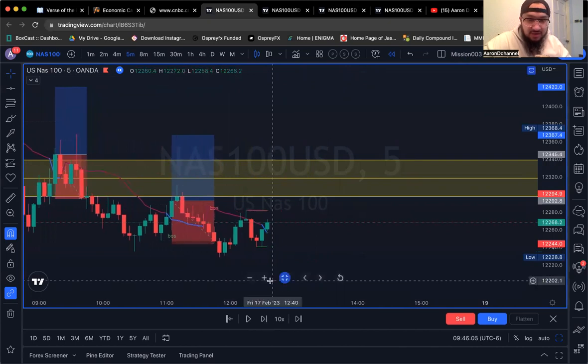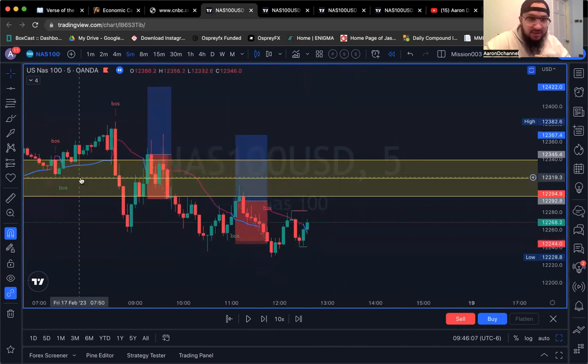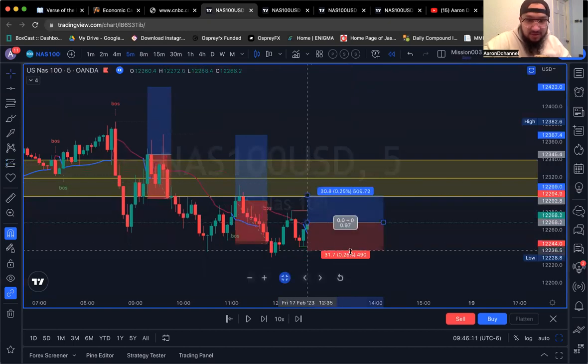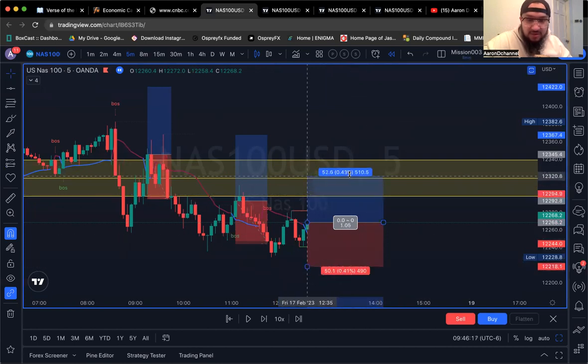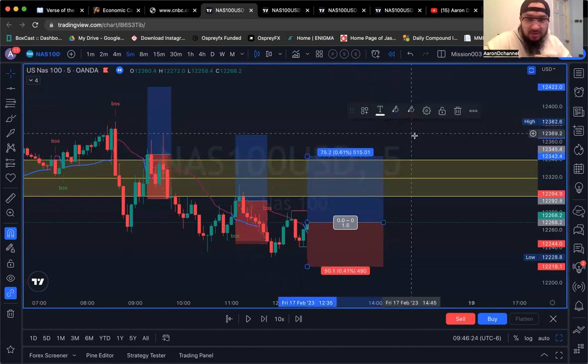So here's our next favorable entry. Now, this is going to be a 50 point loss. I know the air just kicked on, so it's probably really loud. There's 50 points risk. Again, there's our 50 cents. We're going to 1.5.